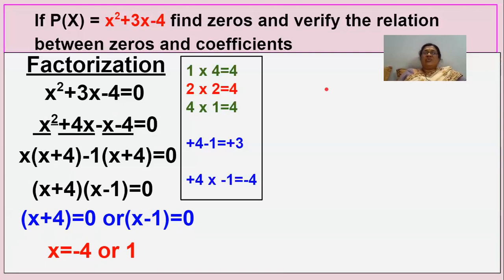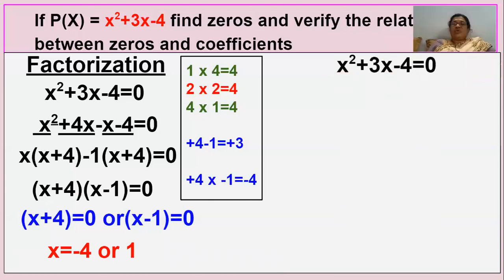Let us move on to the second section, that is verifying the relation between the zeros and the coefficients. So this is the quadratic polynomial. For this quadratic polynomial, see here, the coefficient of x square is a.